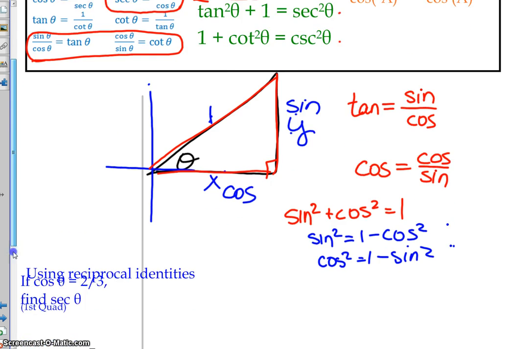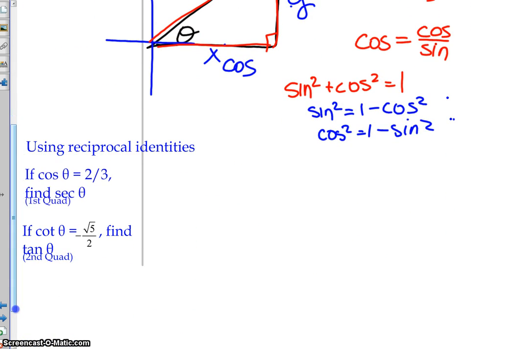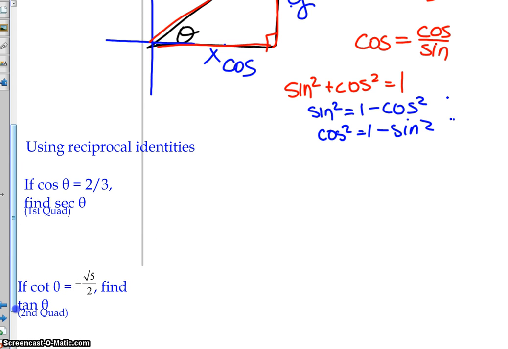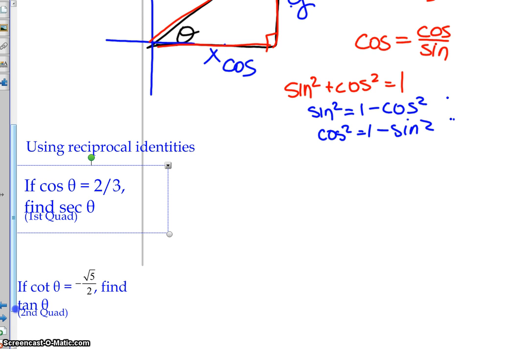So let's look at how we are going to use this. Using a reciprocal: if the cosine of some value is 2/3, find the secant of that same angle. It used to be, oh, we draw a picture and look at the picture. Well, now we can use some of our knowledge.